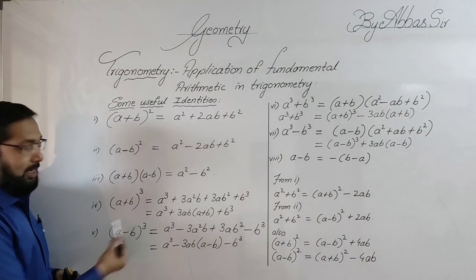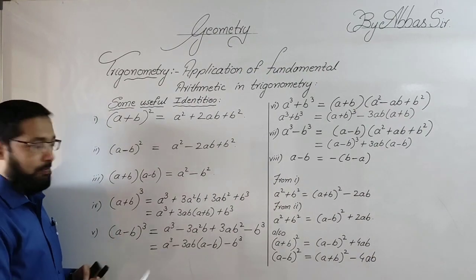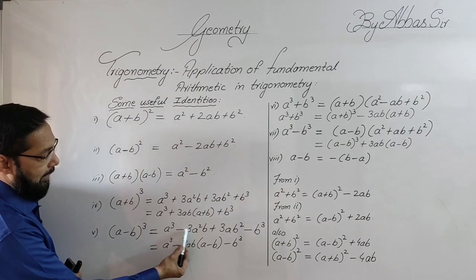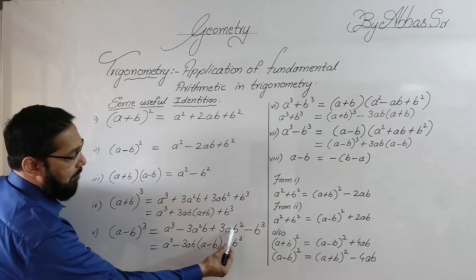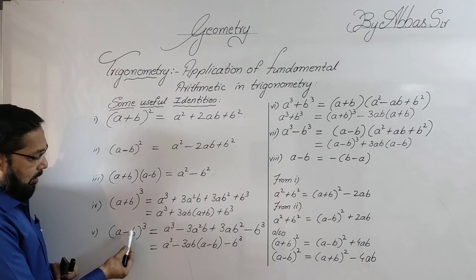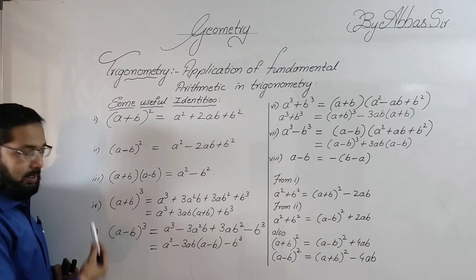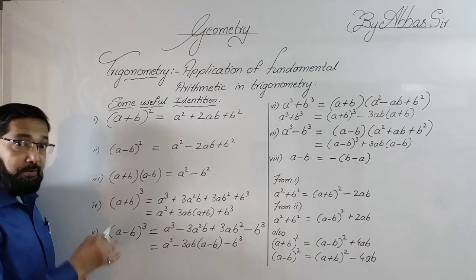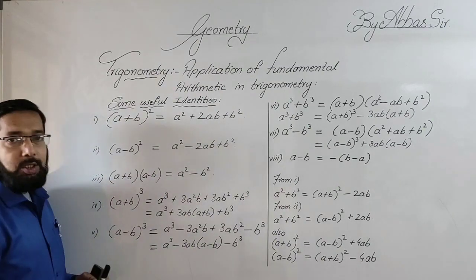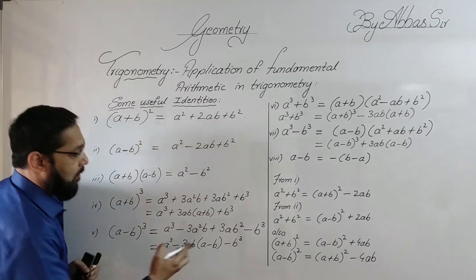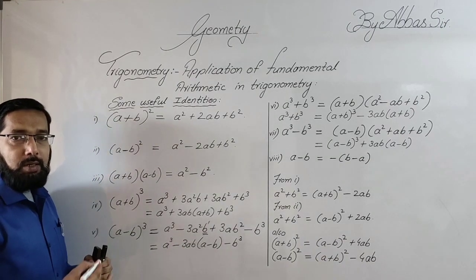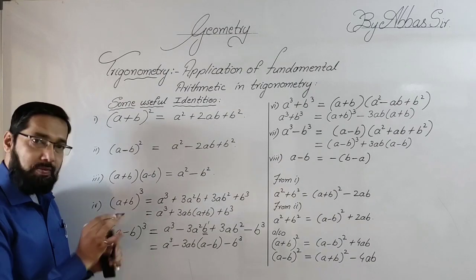Then in a minus b the whole cube, when we expand it, see what's the difference, my friends. The difference is a cube minus 3a square b plus 3ab square minus b cube. Now you will see that when the bracket contains minus sign, that is when we are taking cube of difference, wherever the power of b is an odd number, for example, you can see here the power of b is 1. Although we know that we never write down 1, but it is always there.